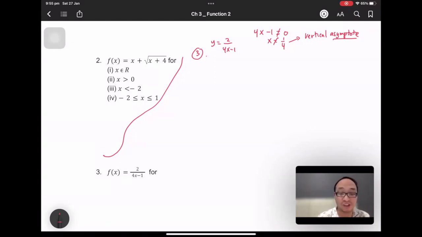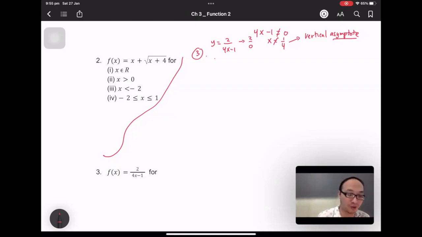The vertical asymptote is taken where the function fails. We know the function fails when x equals 1 over 4. You cannot put it in, because if you put 1 over 4 into the function, it becomes 2 over 0, and we cannot do that. So that's why it's a vertical asymptote.